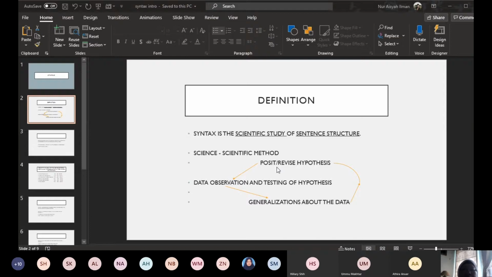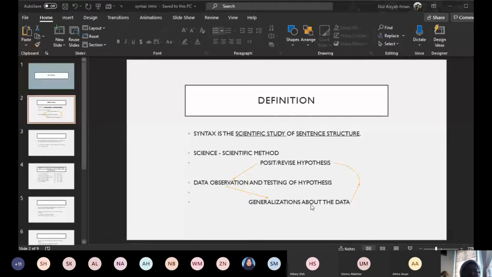Okay, and then after we've looked at the data, we will revise our hypothesis and try to explain the data based on our hypothesis, and then we can get some general patterns, general behaviors that we see that's happening in the data.